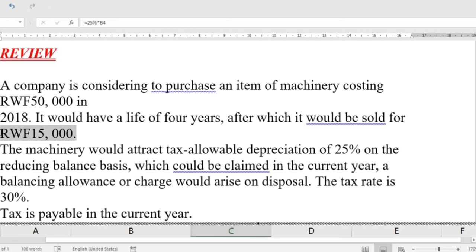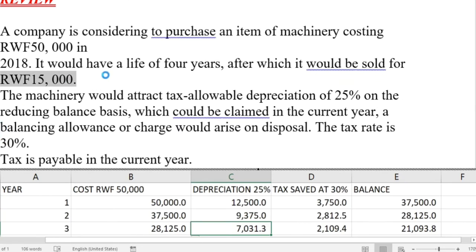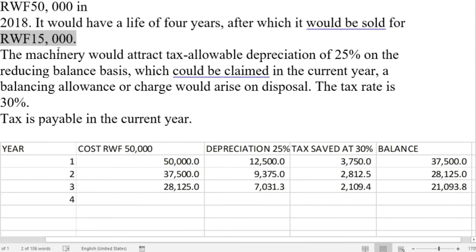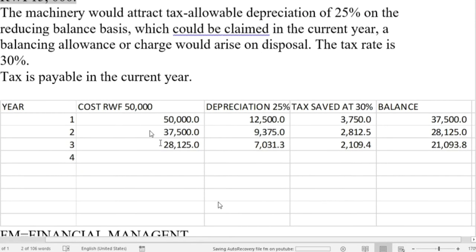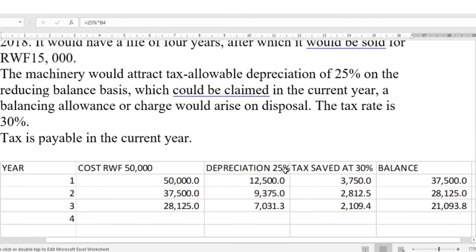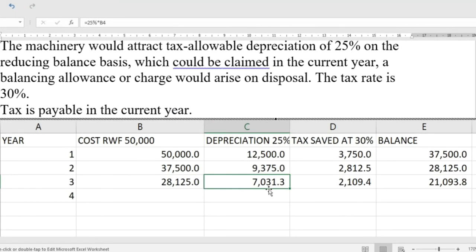Do we get a profit or a loss? We need to know the balance at the end of year 4.